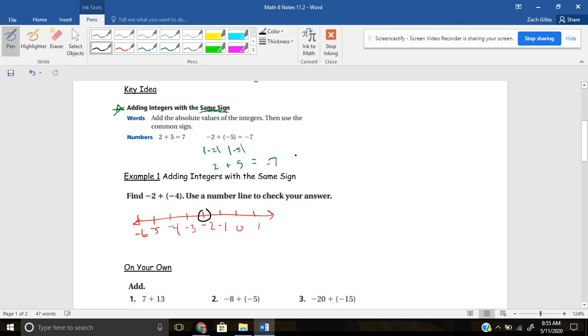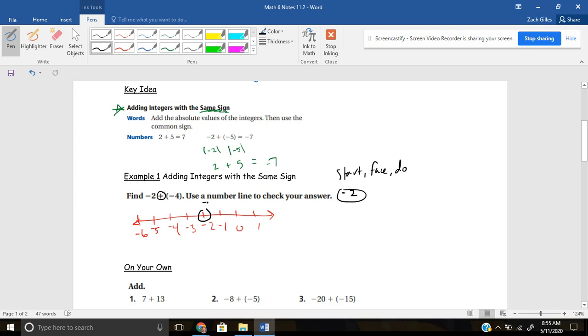There's this little method that I like to use called start, face, do. It works really well when you have a physical number line with you. You start at negative 2, that's the number we're starting at. We face the sign, so we face the addition way, which if we were adding would be going right.